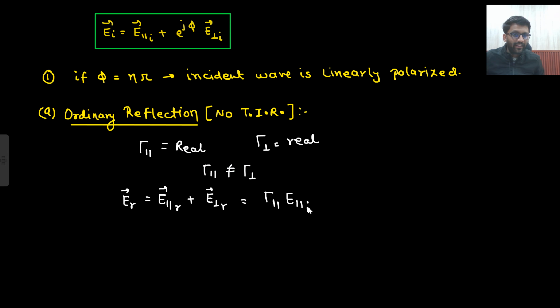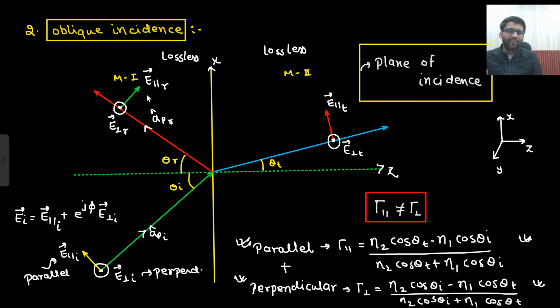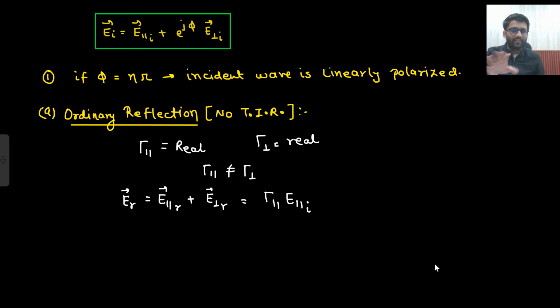Here I am not putting the direction. Why am I not putting the direction? Because incident and reflected electric fields are not in the same direction. This is the direction of the incident one, this is the direction of the reflected one, so they are not in the same direction. That's why I am not putting the sign, because the direction of the E field doesn't matter here. Here what we need to see is the phase, the magnitude of both of the waves, and along with that the direction of propagation.